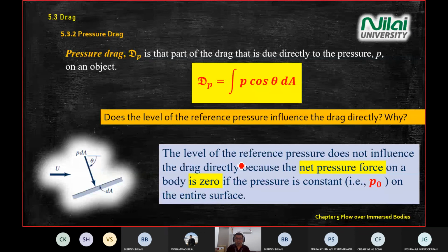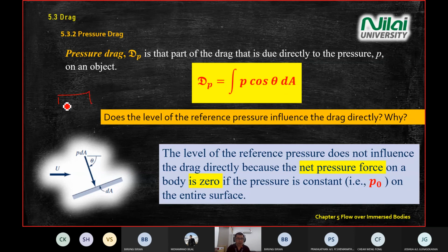So the level of reference pressure does not influence the drag directly, because the net pressure force on the body is 0 if the pressure is constant on the entire surface. The answer is no, because the net pressure force on the body is 0, as the whole body is exposed to the reference pressure.